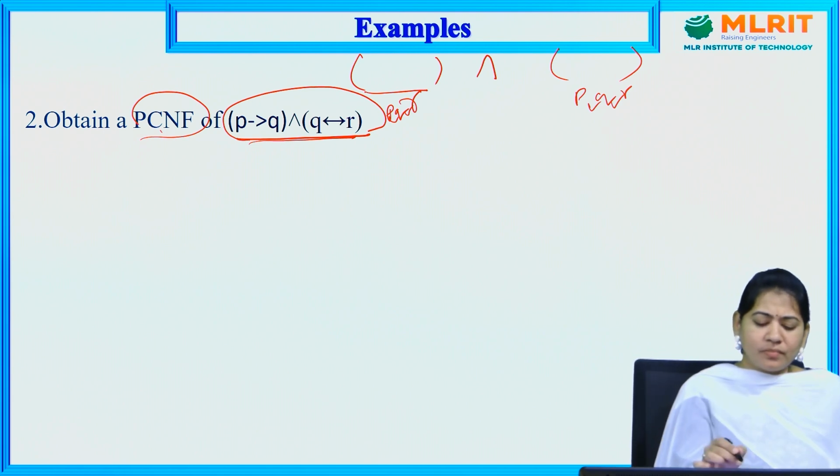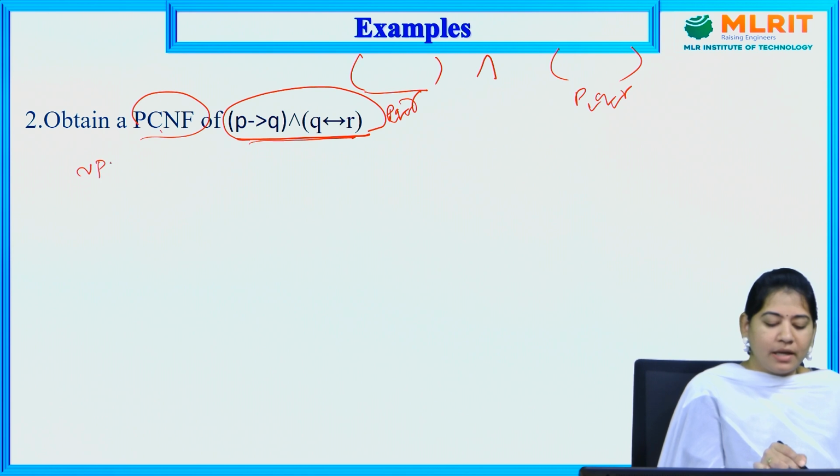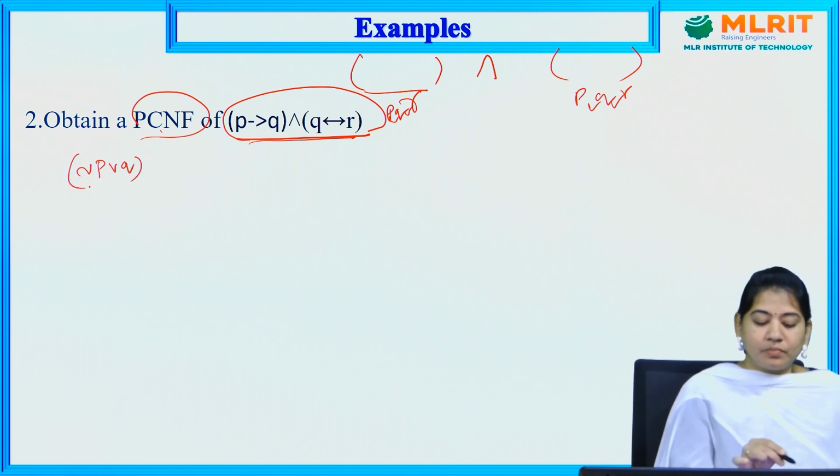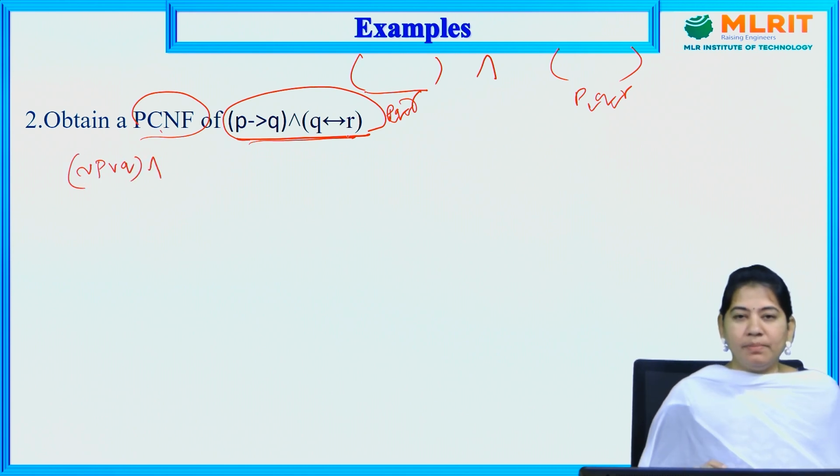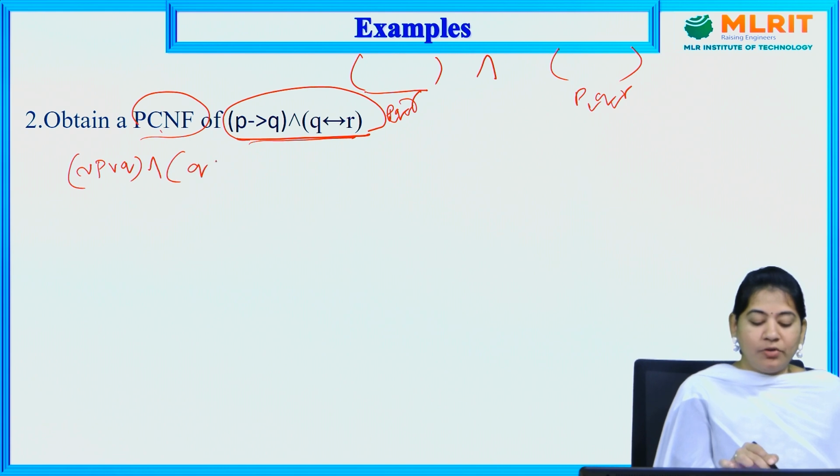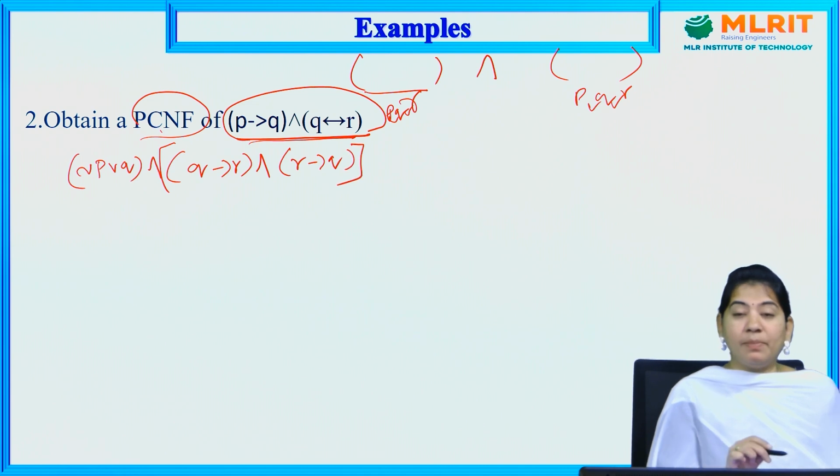Now, P implies Q. Apply the formula here: negation P or Q, and Q bi-implies R. So we have applied two standard formulas.